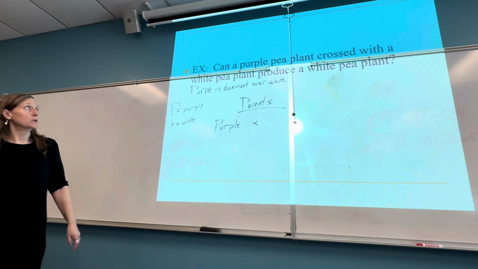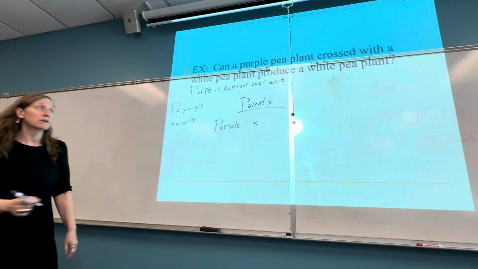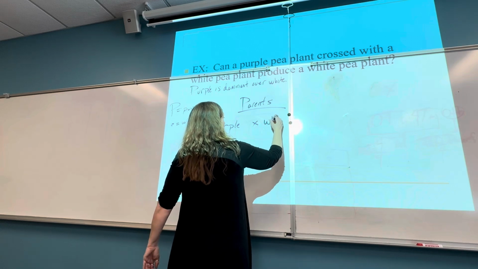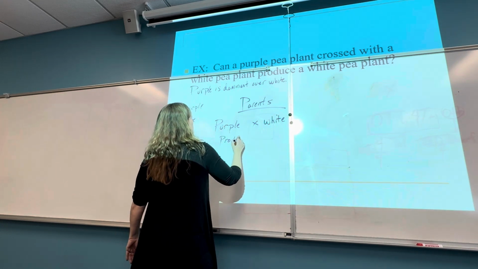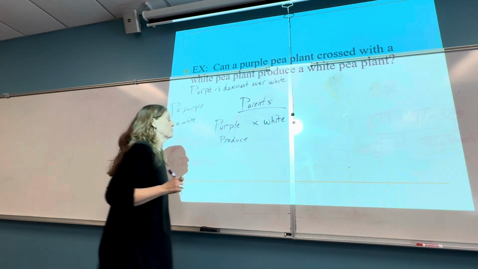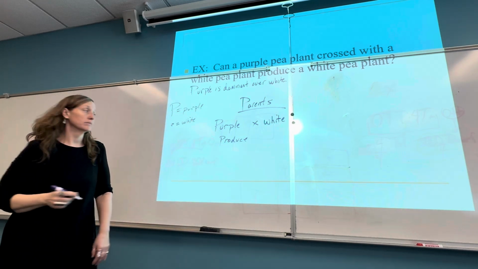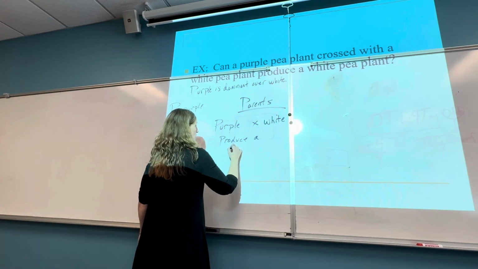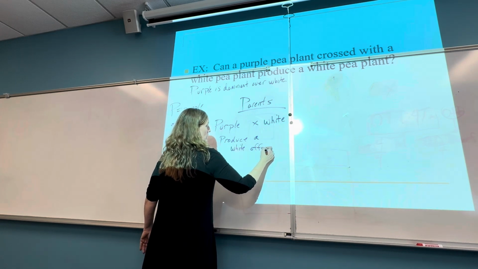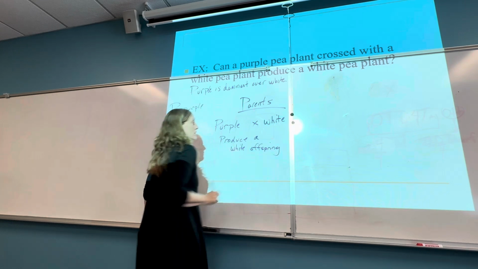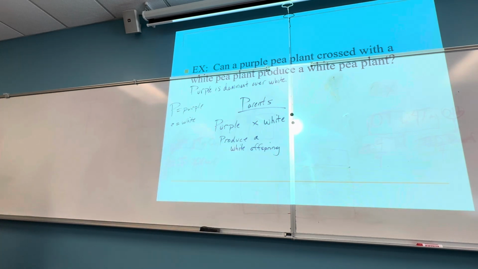One parent is purple and the other parent is white. And they produce a white pea plant.